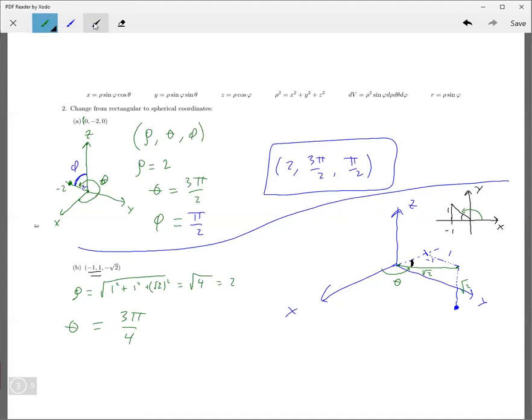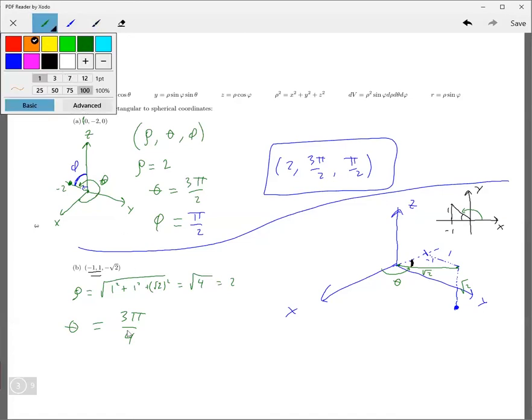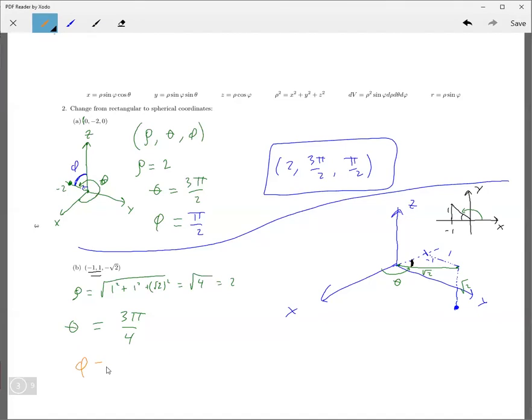Okay, so now if we form that ray from the origin to there, what's this orange angle going to be? Okay, we know that this is pi/2, this is square root of 2, and this is also square root of 2 right here.